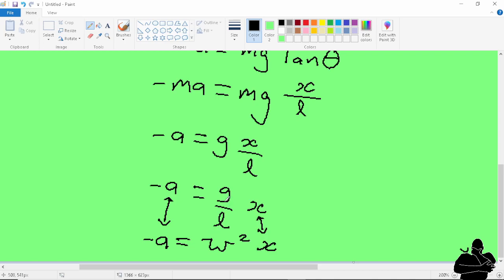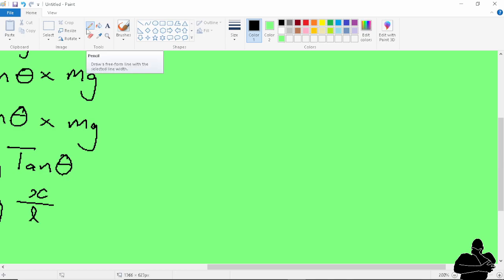Which means that if they're the same equation, g over L must be the same as omega squared. So let us rewrite that one bit of information: omega squared is equal to g over L.